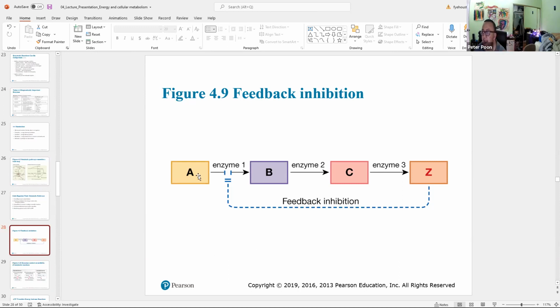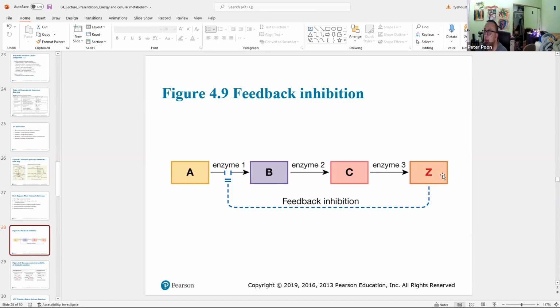A goes all the way through to Z, Z being the final product. If you have enough of this final product, you do not want to make more. You always want just the right amounts of everything. So if you have enough of Z, you don't want to make more of it.